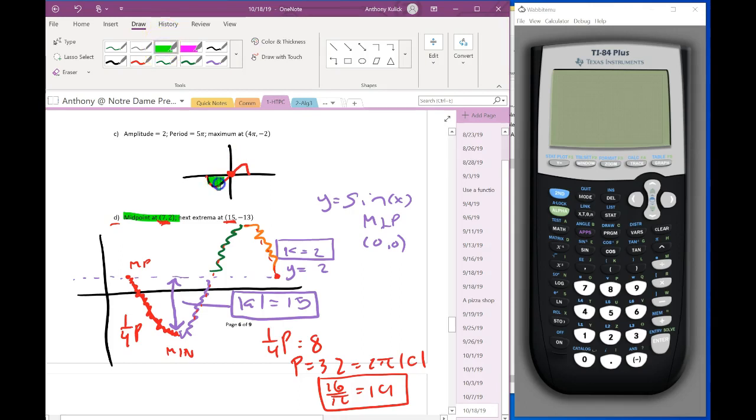So before the midline point, the graph is below the midline, so I'm going to write a down arrow. And after that midline point, the graph is above the midline point, so I'm going to put an arrow after it to designate that. Okay with that idea? Okay.